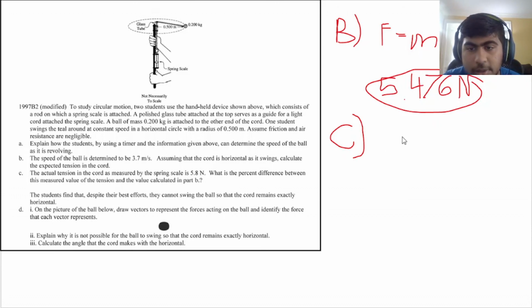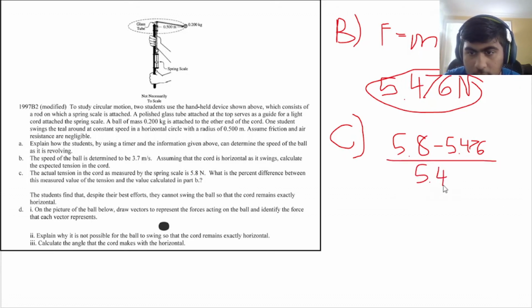So we find the difference, right? 5.8 minus 5.476 over the accepted value, 5.476, times 100 because we're asking for a percent, and pull out our calculator again. We get 5.917%.